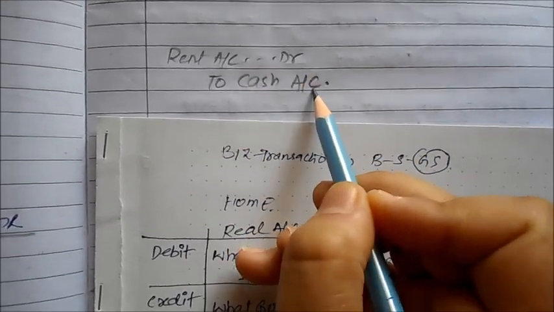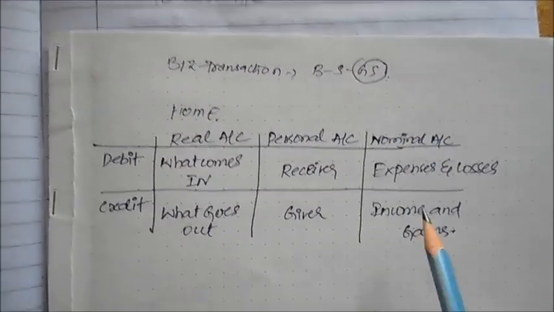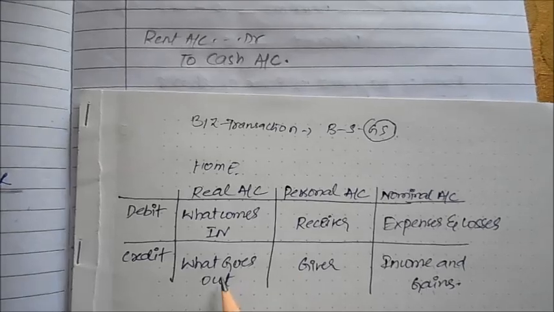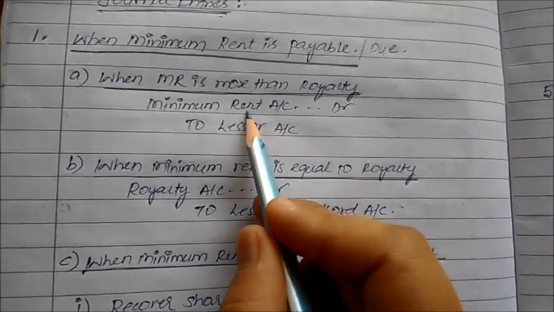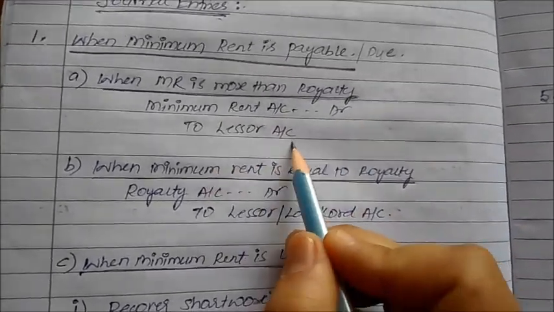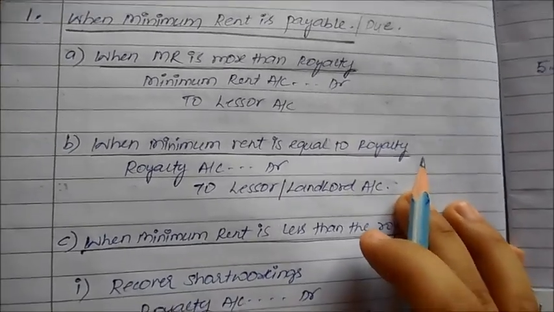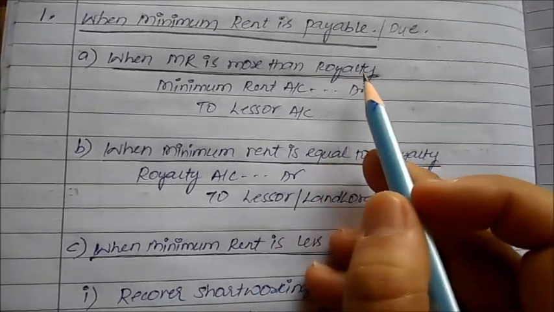Rent account debit to cash account. Rent is a nominal account, debit all the expenses, and cash is what is going out, so it is credited. Keeping the same logic in mind, we will write the journal entry: minimum rent account debit to the lessor account. This is when minimum rent is more than the royalty.